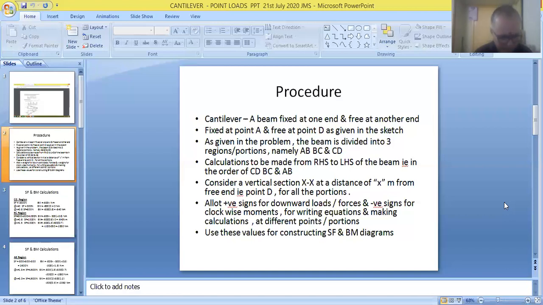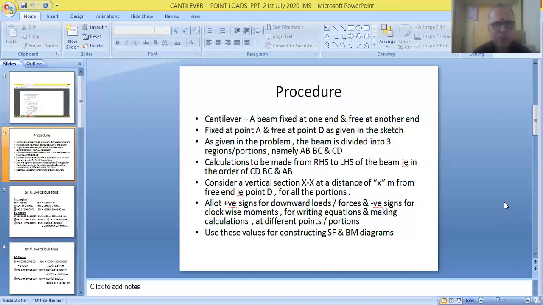In this problem, according to the data given, the beam is divided into three regions: the first region called AB, the second region BC, and the third region CD.